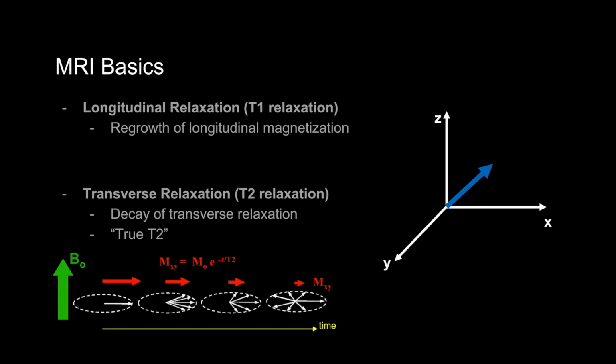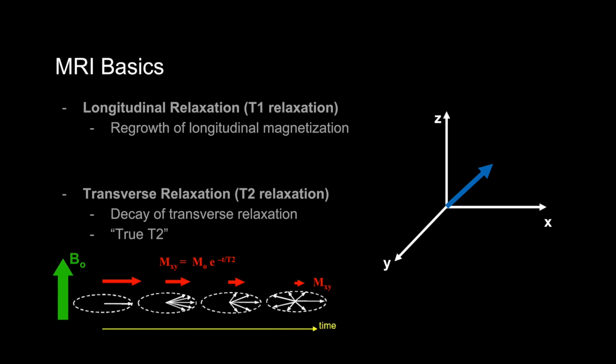Knowing this, we can see that T2 relaxation happens more quickly, because anything that causes T1 relaxation also causes T2 relaxation, plus loss of phase coherence causes T2 relaxation. So T2 times are always lower than T1 times.